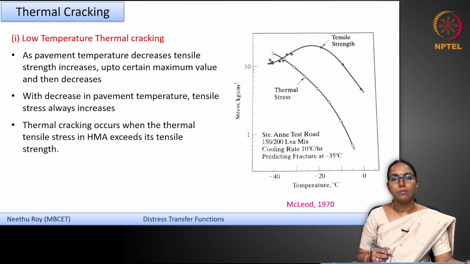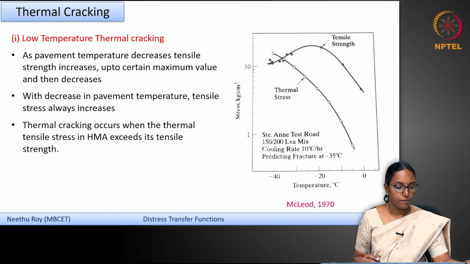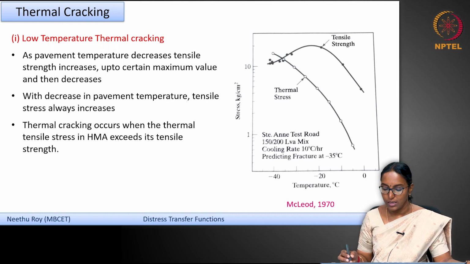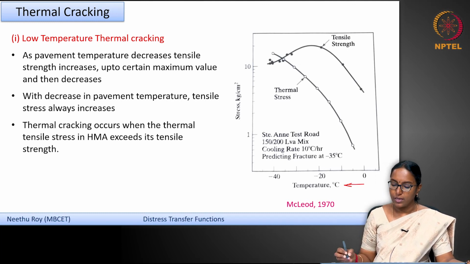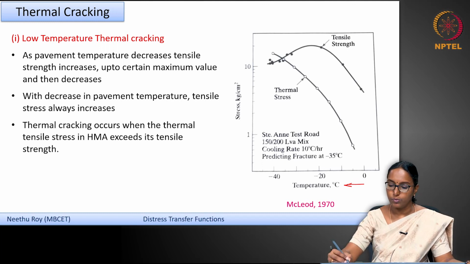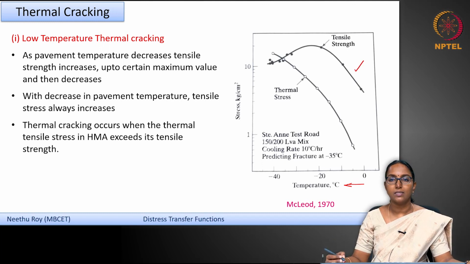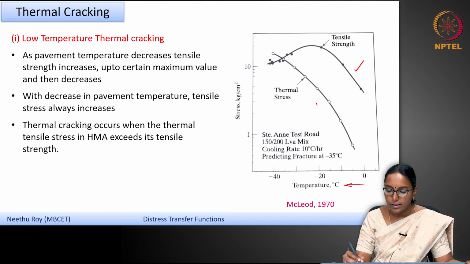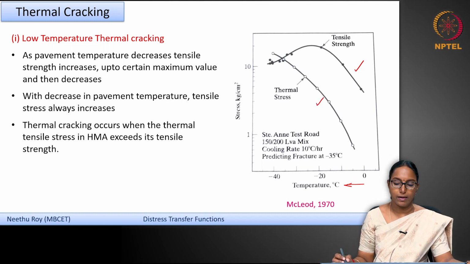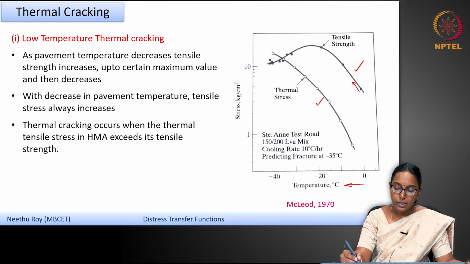As the pavement temperature decreases, we know that the tensile strength of the material can increase. You can see a picture here by McLeod. From right to left, the temperature decreases, and this graph shows the tensile strength of the material, and the other one shows the thermal stresses in the material. So as the temperature decreases, the strength of the material keeps on increasing, but only up to a certain level.